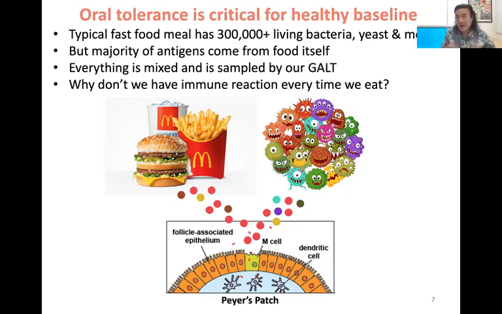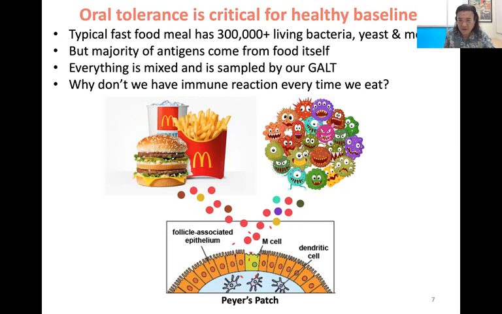Many of these substances could actually be very suitable three-dimensional shaped molecules that would serve as antigens that our immune system might have a very easy time seeing as an antigen to bind to and then react. So why is it that you can eat all kinds of stuff and yet not always have this tremendous mucosal immune response?